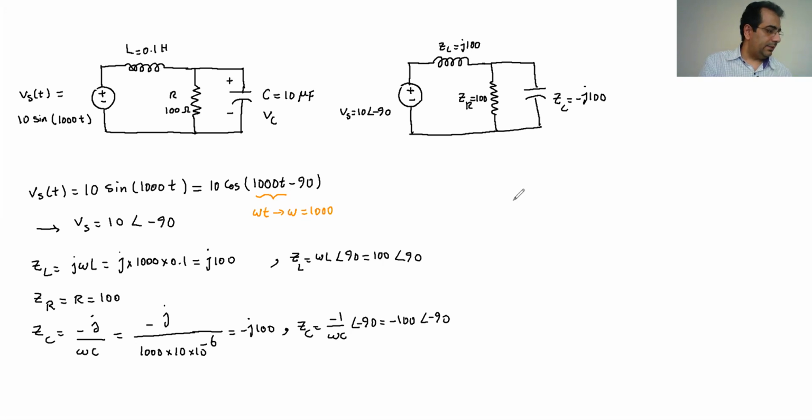So the next thing that we want to do is find the voltage in these two elements. We know that the voltage in this one and this one is the same, so I can go ahead and find the equivalent of these two.